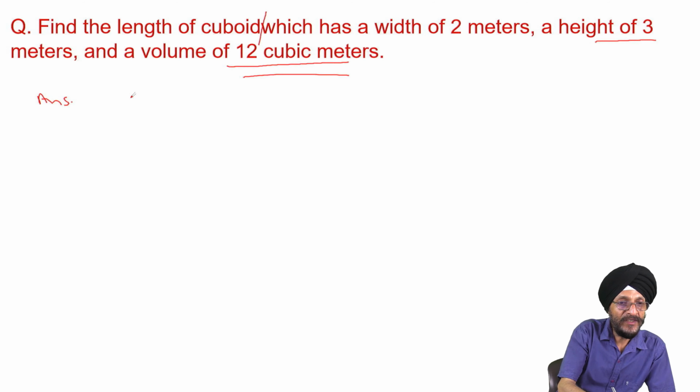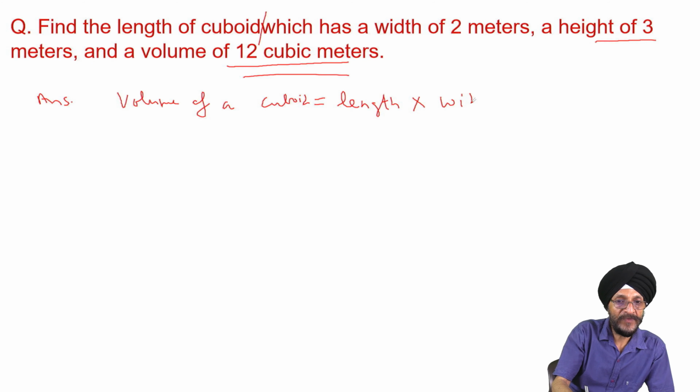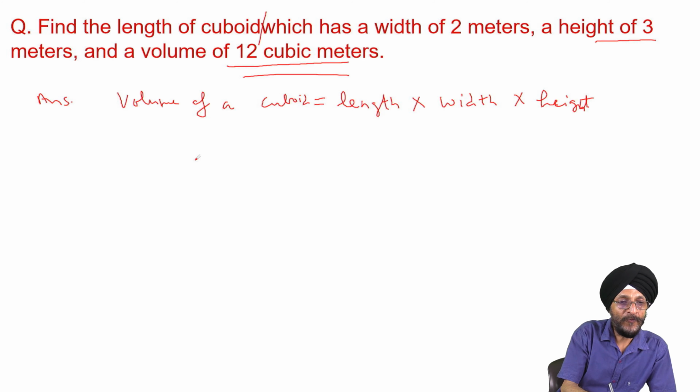We know that the volume of a cuboid is equal to length multiplied by width multiplied by height. So what is the volume given in the question? It is 12 cubic meters.